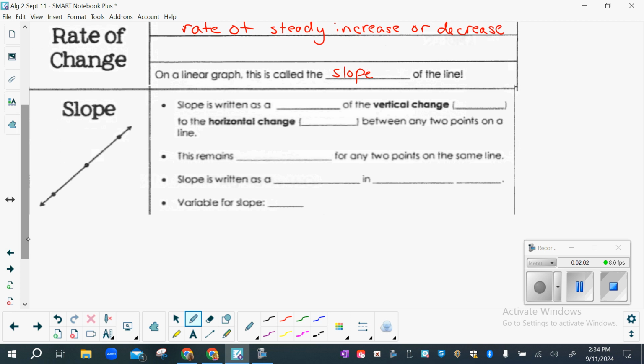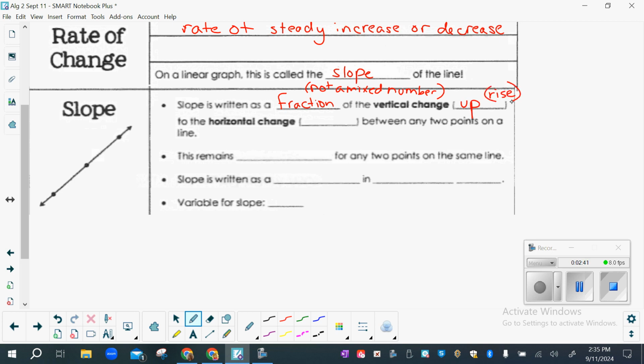So it's written as a fraction, not a mixed number. For example, we would not write 1 1/5 as a slope. Let's say that the slope is 6/5. It's a fraction of the vertical change. Vertical change is what direction? Up, which is your rise.